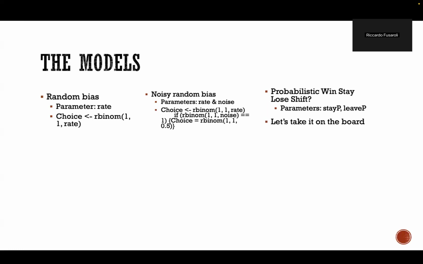We have then the third, the probabilistic win-stay-lose-shift, which I'm going to cover in some pieces in the lectures. Here we have two parameters needed to generate and infer from the data: the probability of staying when winning and the probability of leaving when losing.